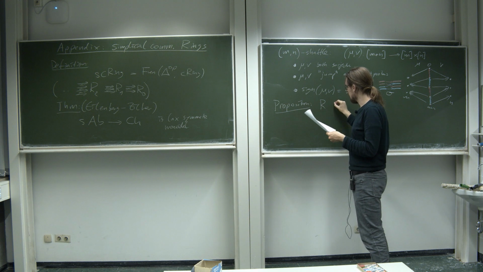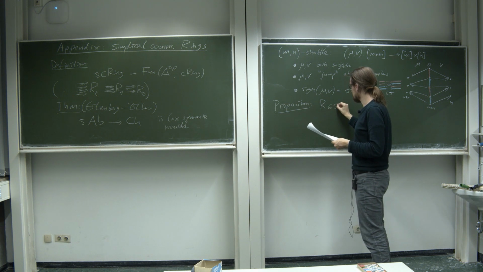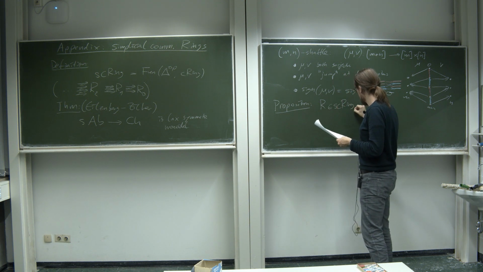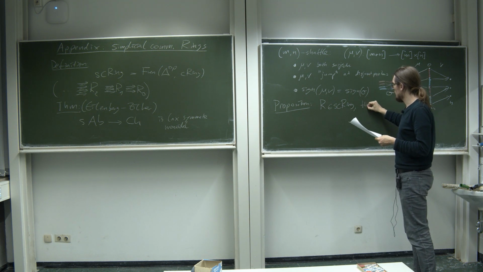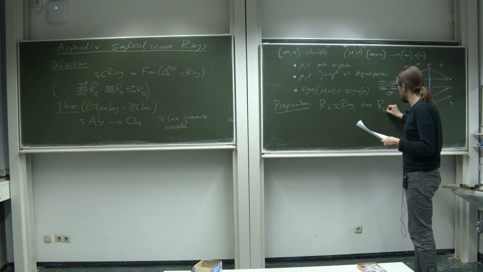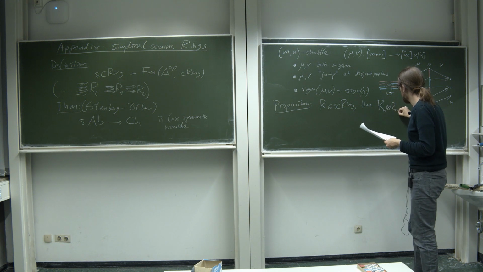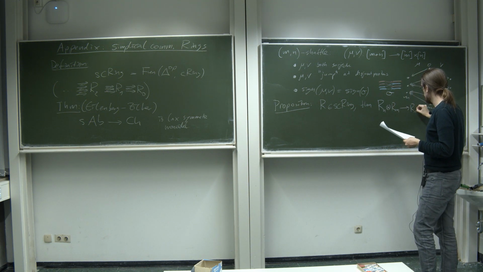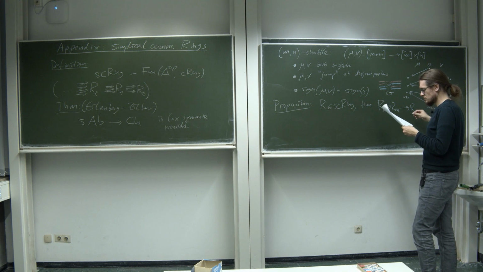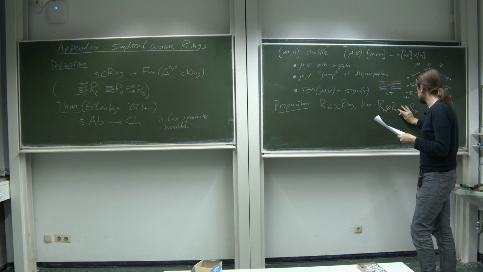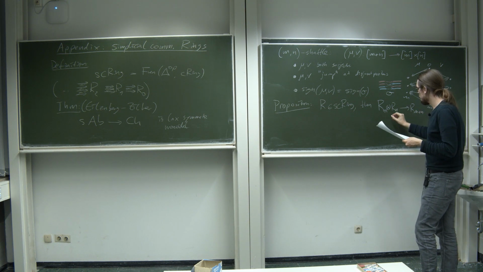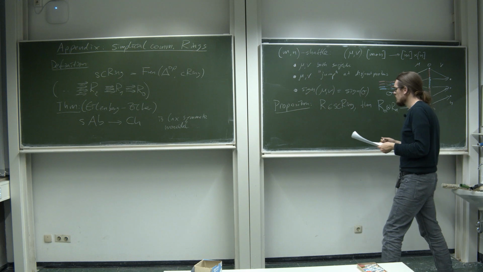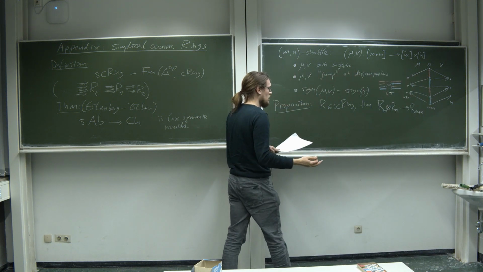So let R be a simplicial commutative ring, and then we define a map from Rm tensor Rn to Rm plus n as follows.